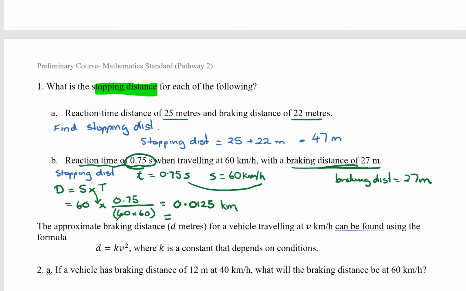To convert kilometres to metres, you multiply by 1,000 and you'll get 12.5 metres. Therefore, the total stopping distance is my 12.5 plus my 27 metres, which gives me 39.5 metres.